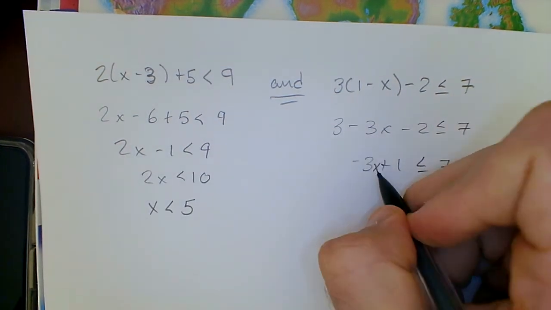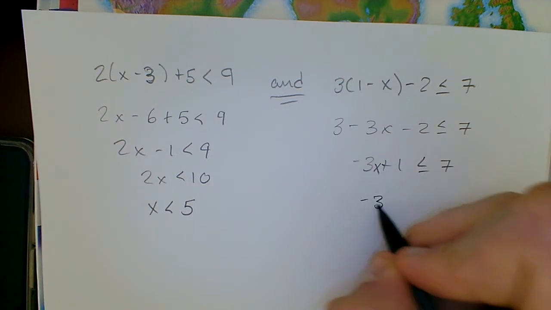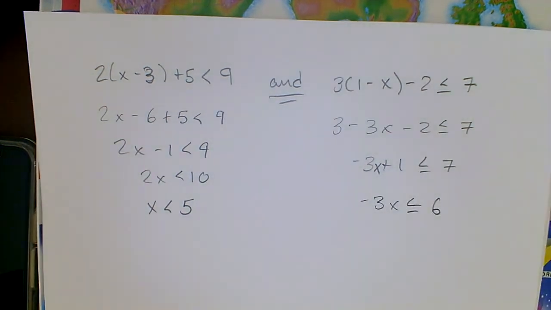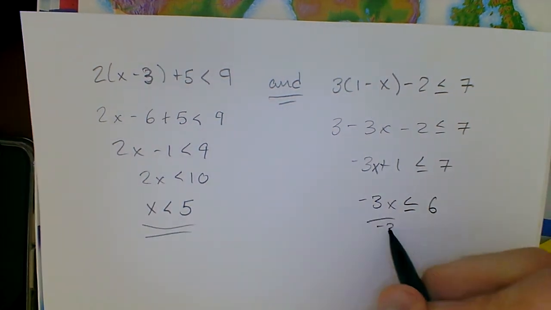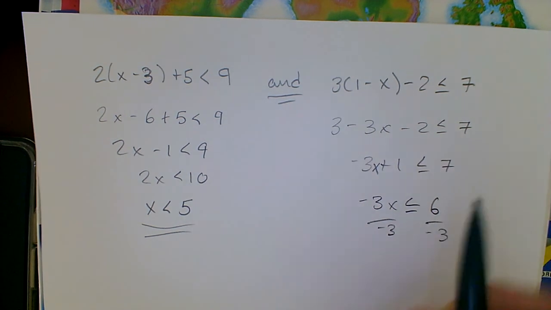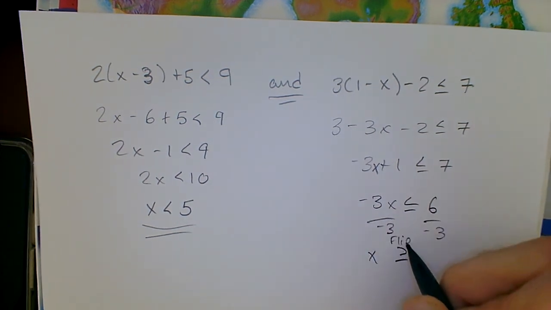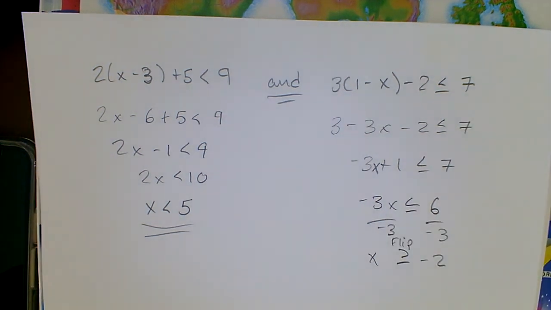And here, oh, I forgot the x, my bad. Now we subtract 1 from both sides, so we get negative 3x is less than or equal to 6. This one's already solved, so this one I've got to divide by negative 3. We're dividing by a negative number, which means we have to flip the inequality. So 6 divided by negative 3 is negative 2.